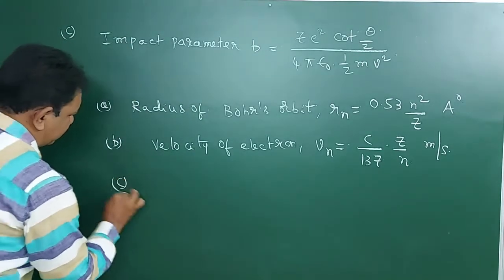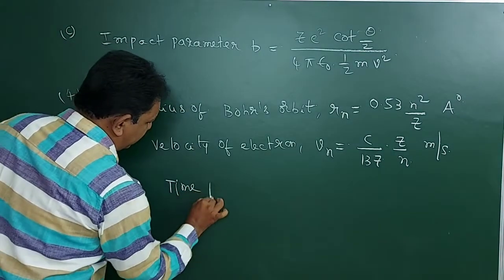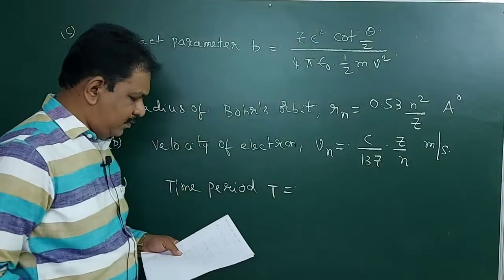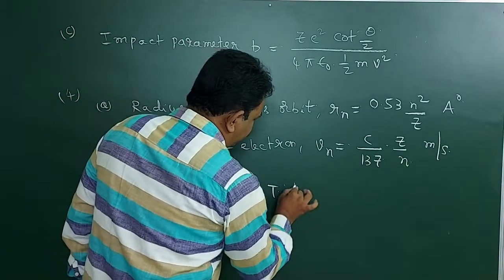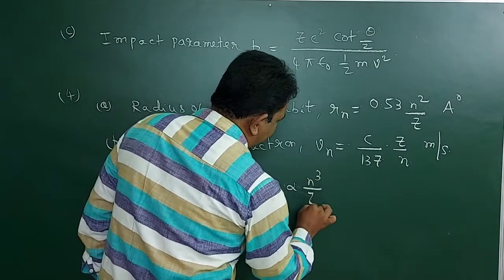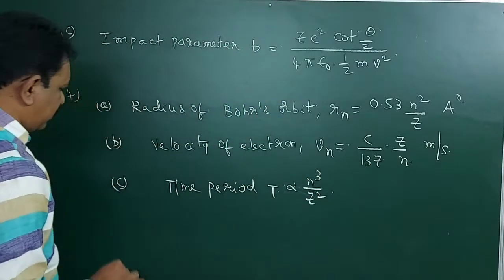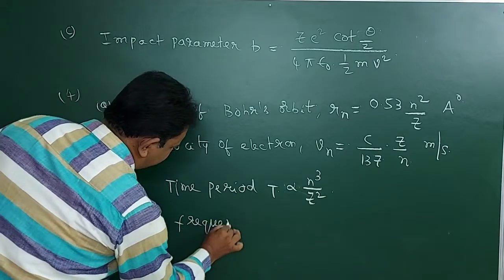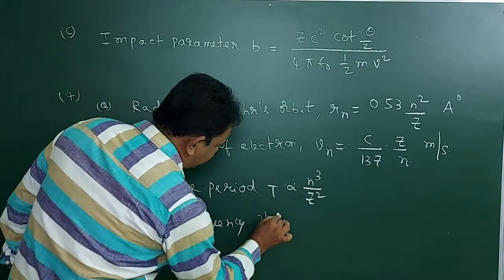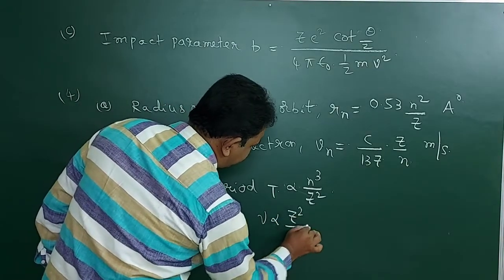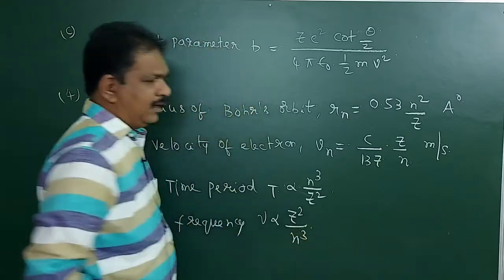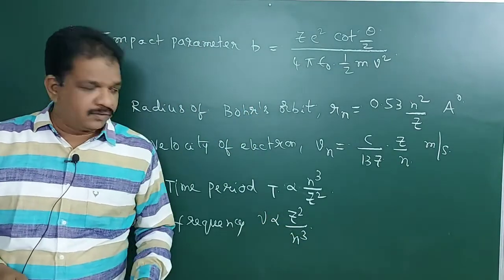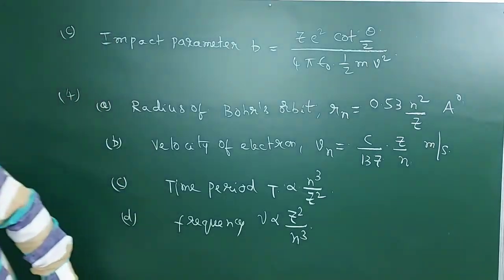Next, C, time period. T value will be proportional to n cube by Z square. Next, frequency: nu proportional to Z square by n cube. Frequency f, or nu, that will be proportional to Z square by n cube.